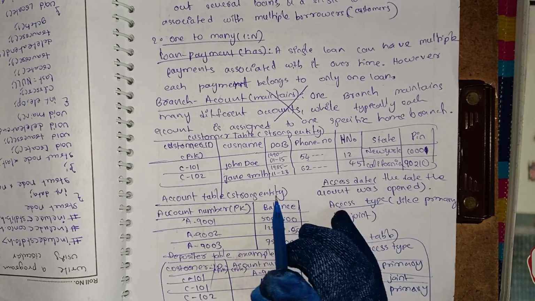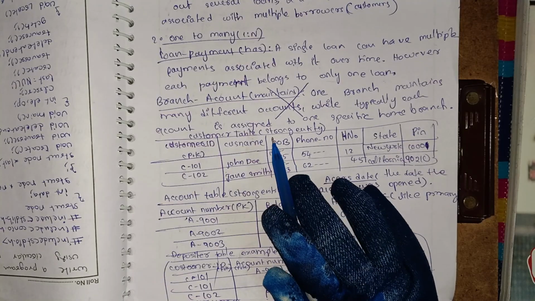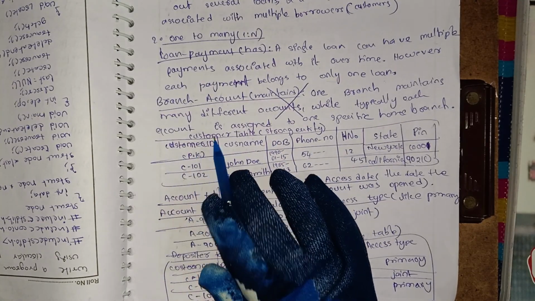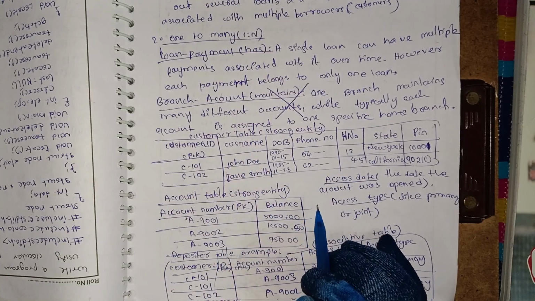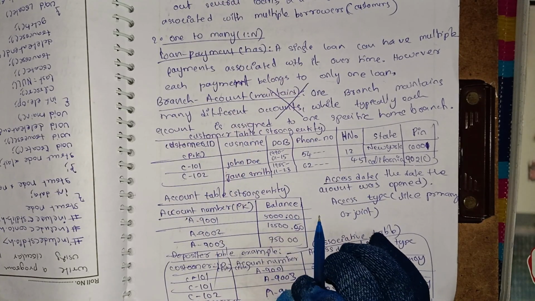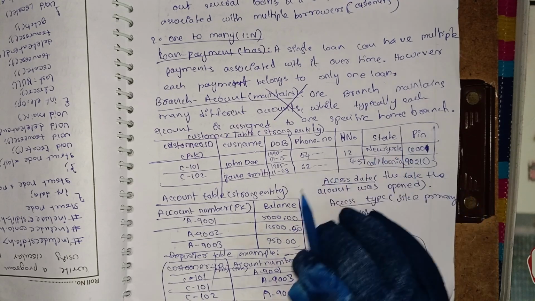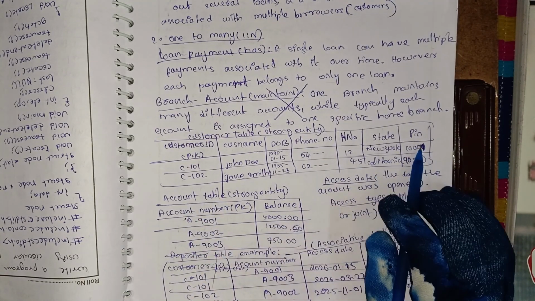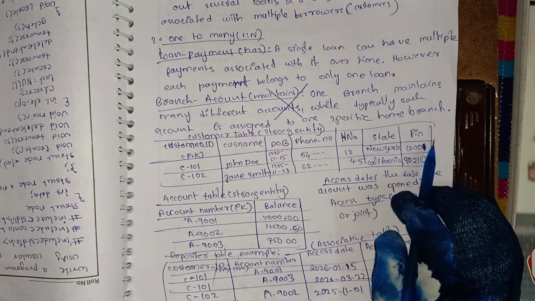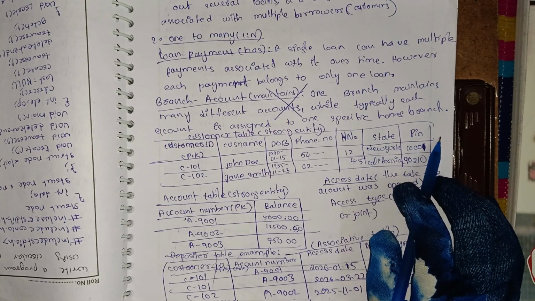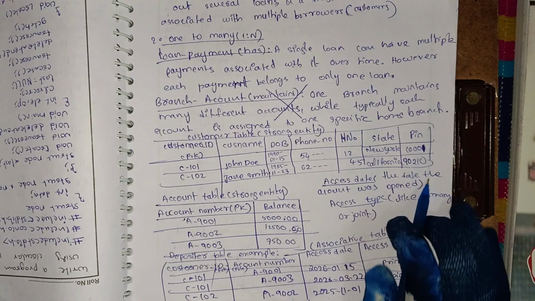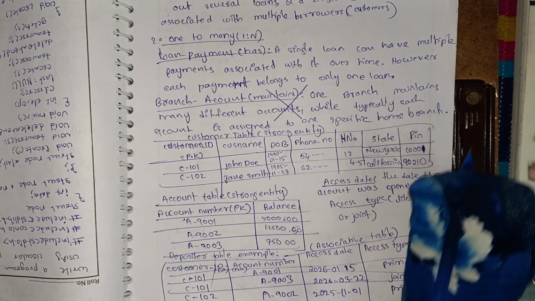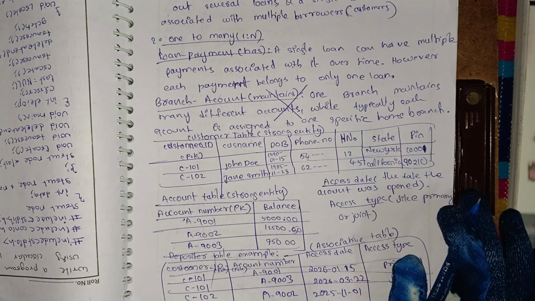Directly means we can't insert the customer ID primary key of the customer table as a foreign key in the account table, and we can't insert the account number primary key of the account table in the customer table as a foreign key, because if we insert that, then it will cause redundant values, means duplicate values.